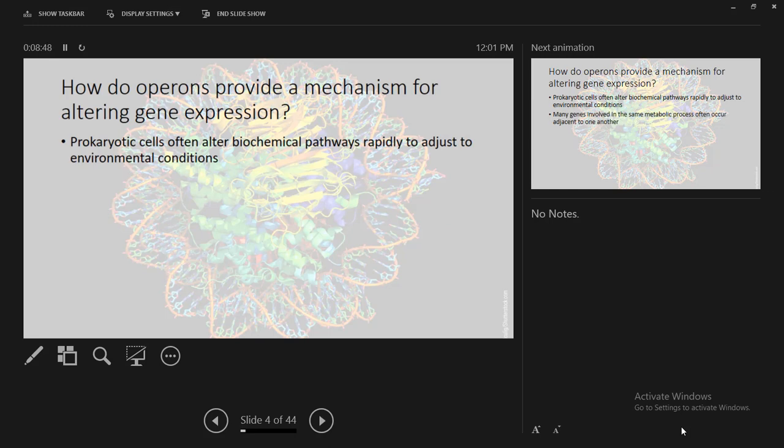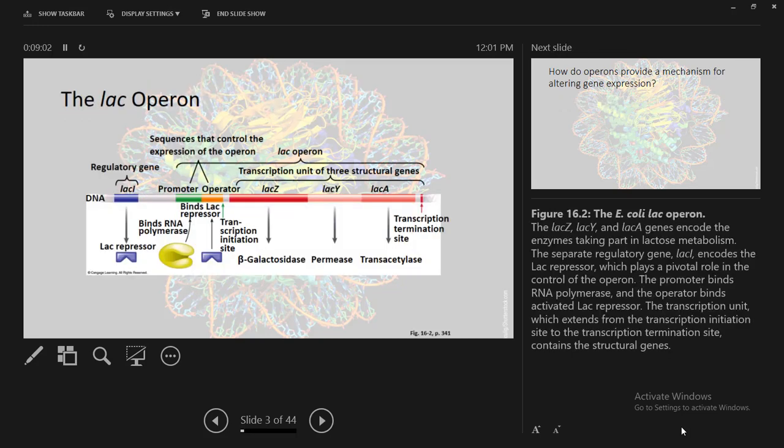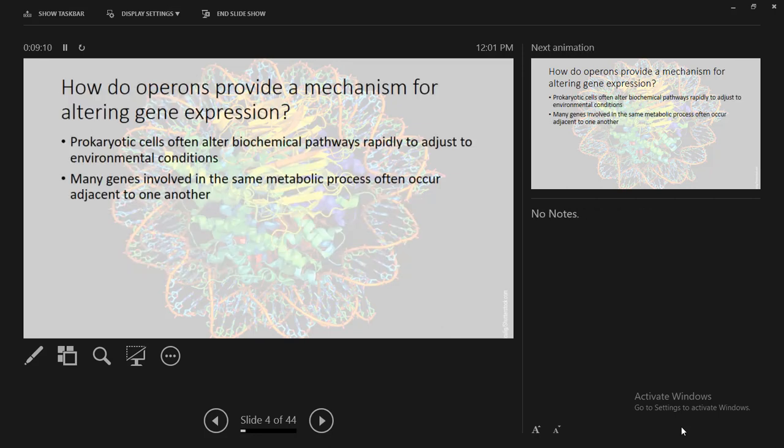So, prokaryotic cells are designed in very interesting ways. When you have a metabolic pathway, a biochemical pathway that requires several proteins, those proteins tend to be located like they are here, where all three proteins are transcribed as a single unit, right next to each other in the genome.